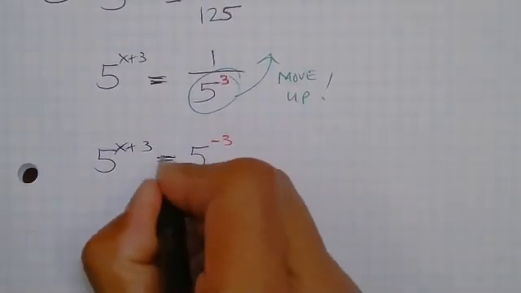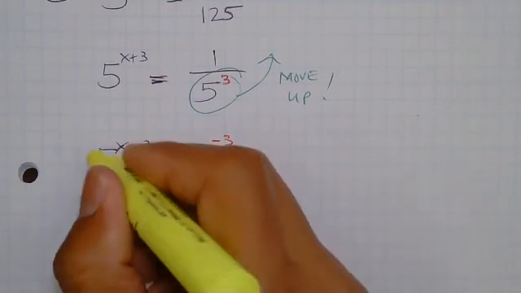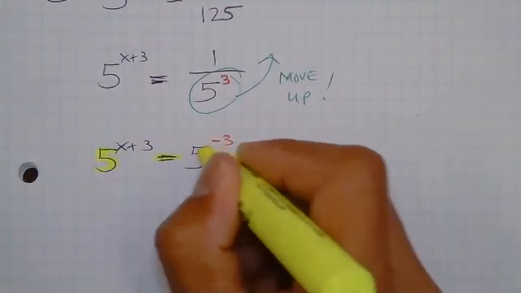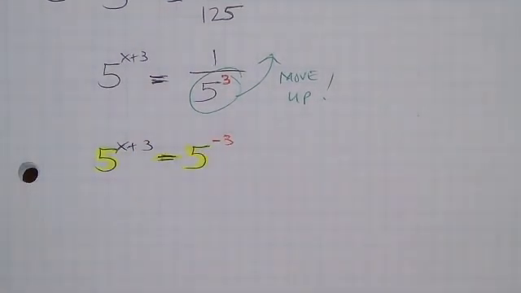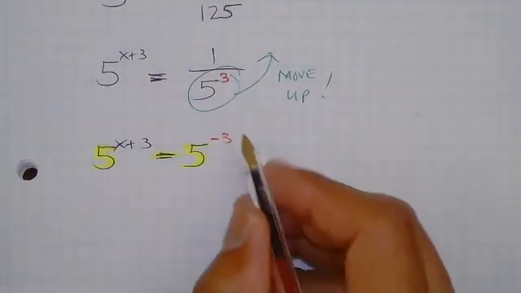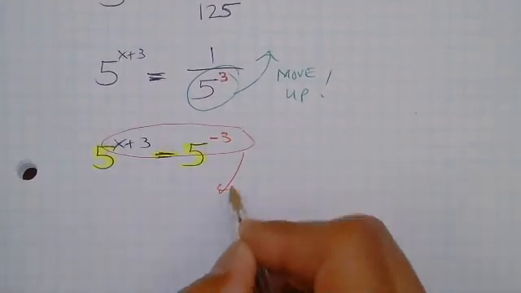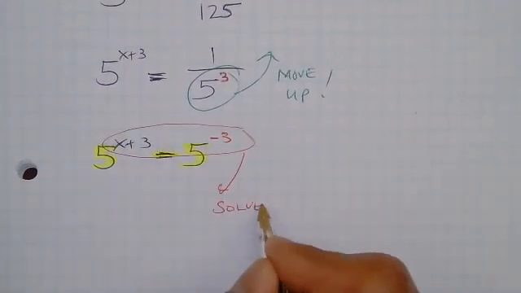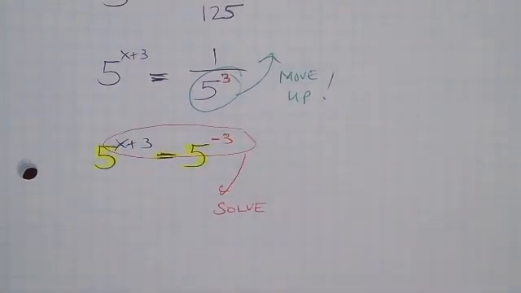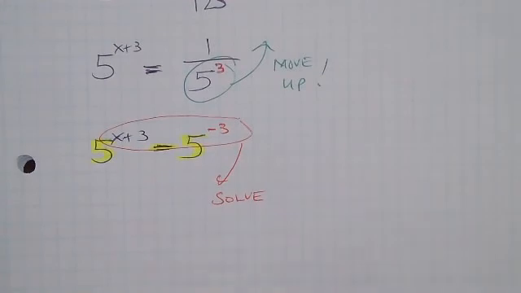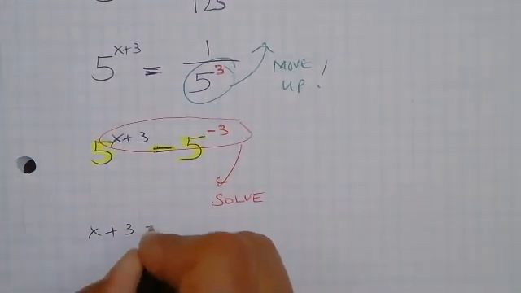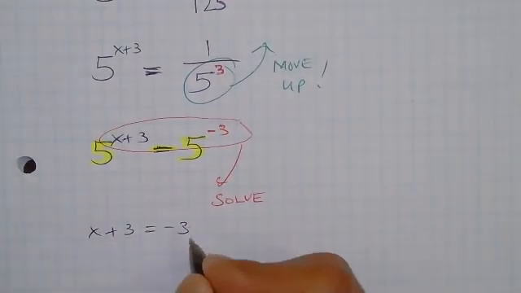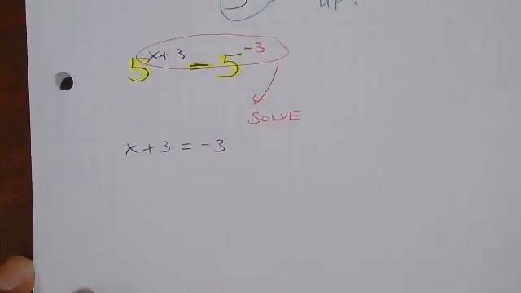Eventually, you're going to get back to problems where you want to have the same base. Get the bases to match, and once the bases match, you know what to do here, right? We solve the expressions left up there in the exponents. Don't assume, don't predict, don't try to guesstimate. x plus 3 is equal to negative 3. How do you solve that?